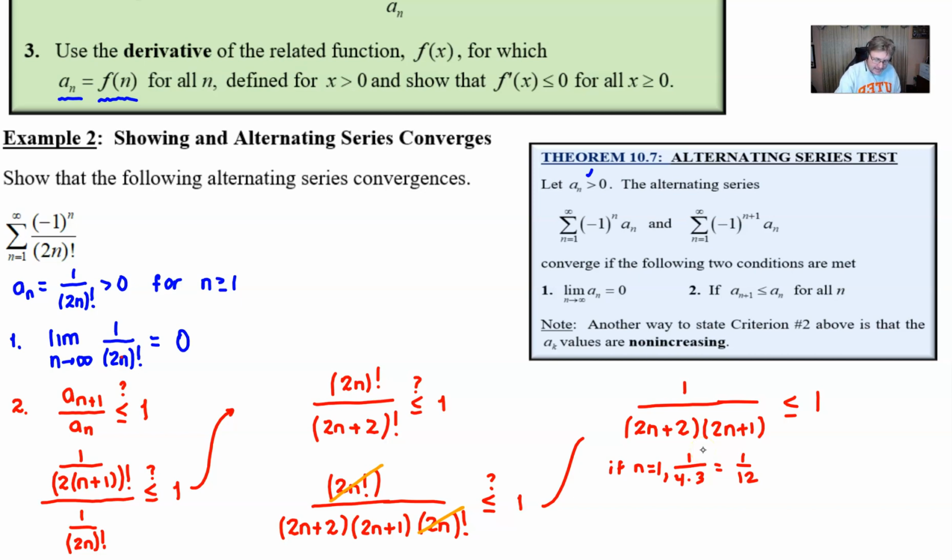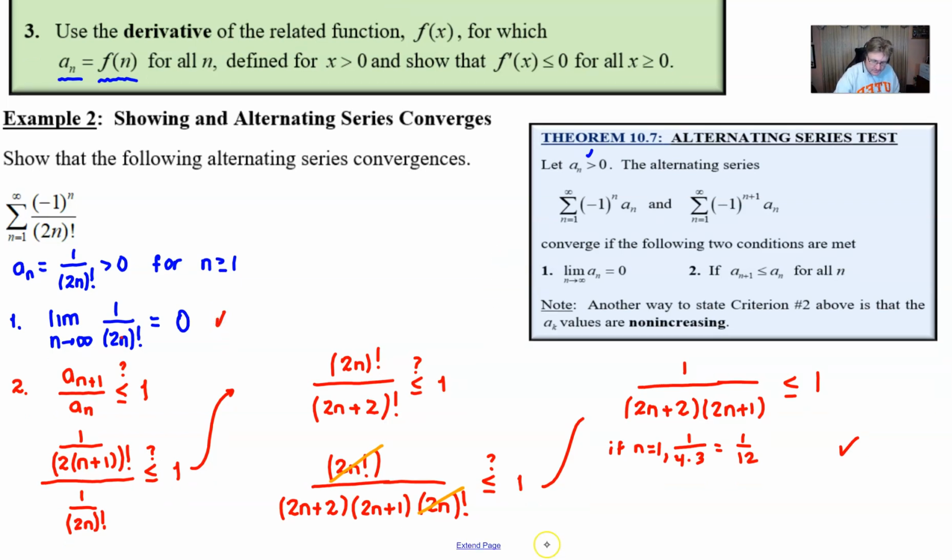So I think we can check and check. And because of those two statements being true, we know that the original series, the summation as n goes from 1 to infinity of -1 to the nth power over 2n quantity factorial, is going to converge.